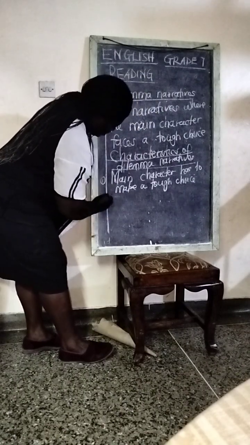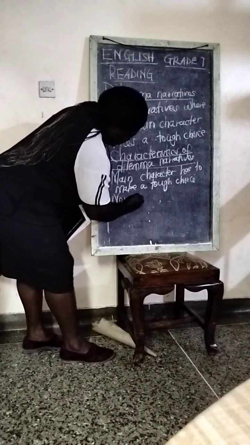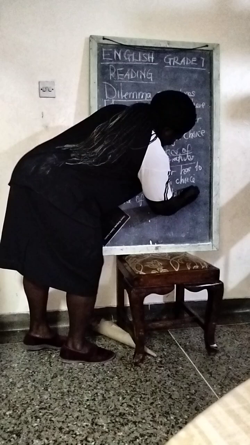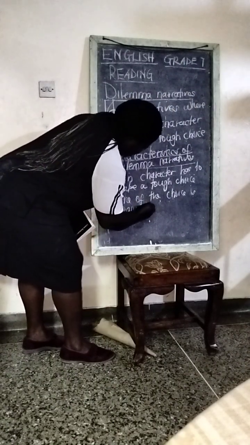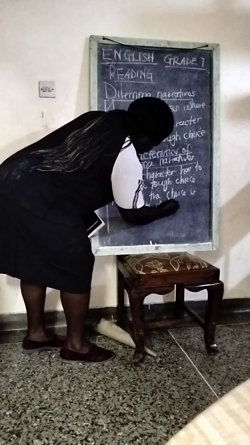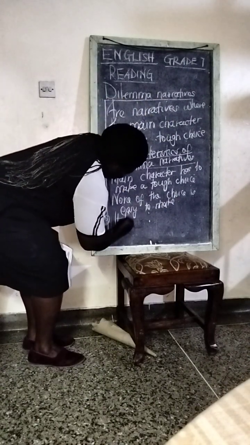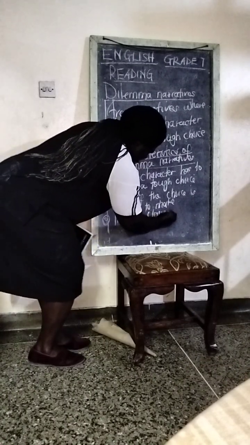Number 2, none of the choices is easy to make. Number 3, it has a closing formula.